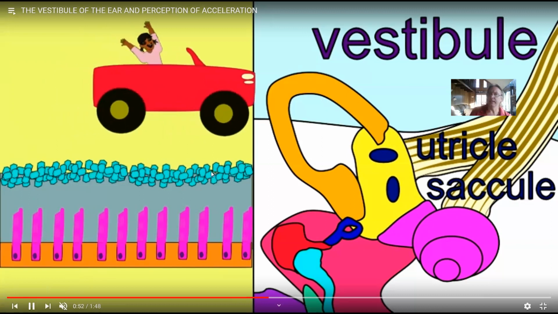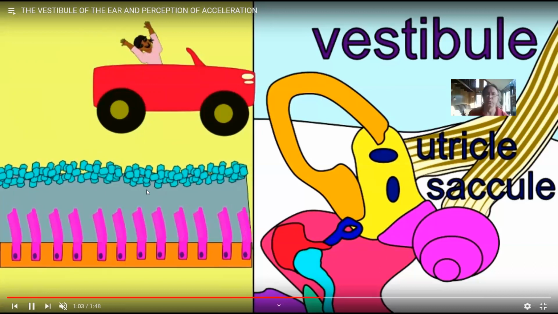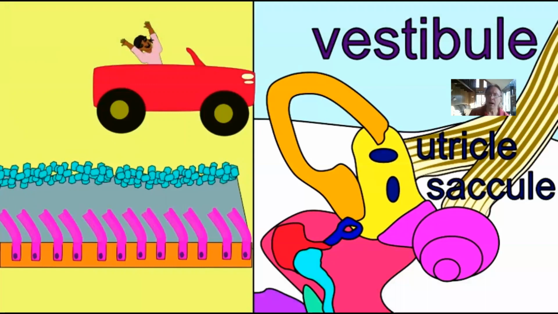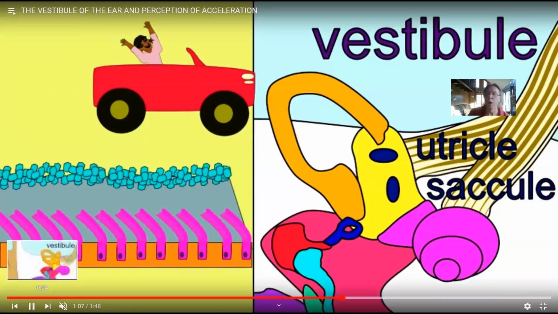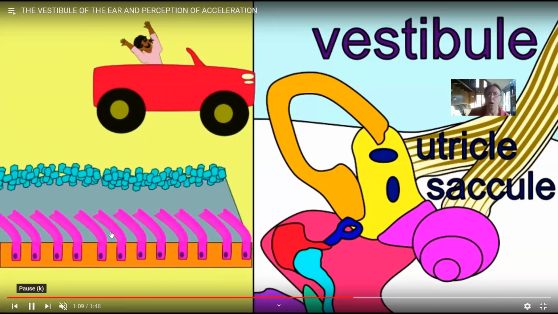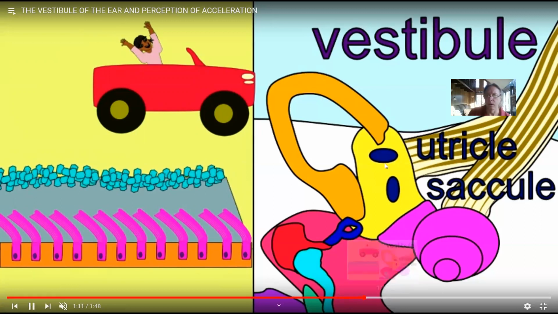And as they then lag behind the movement of the body, they will then bend and distort this gelatinous otolithic membrane, and that then bends those hair cells. So your body can tell when your eyes are closed when the car is accelerating or decelerating, all right, because the hair cells are bending because the otolithic membrane was bending because of the inertia in those otoliths, which resisted the movement of the car.